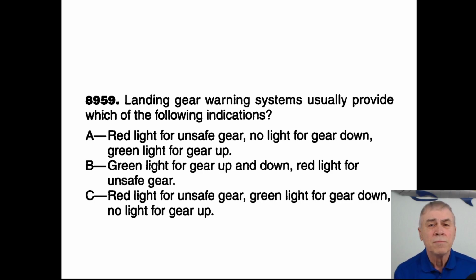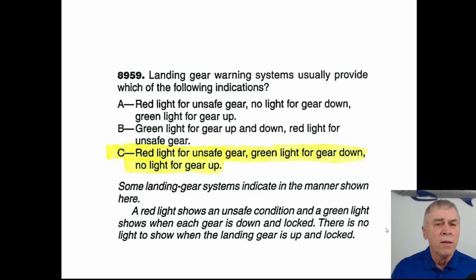So that would be C, isn't it? Yes. Green if your gear's down, because that's what's important. You want to know that if you're landing. The gear up, that's mostly just more for convenience, and you certainly don't want to be flying with your gear down. So it is C.